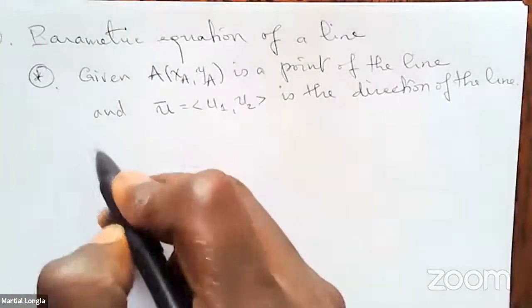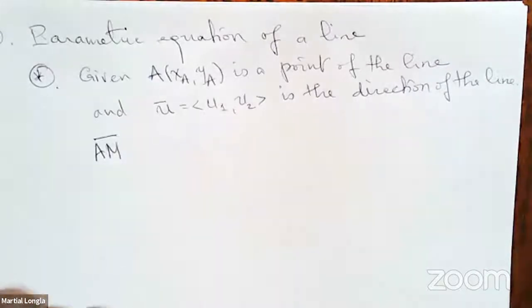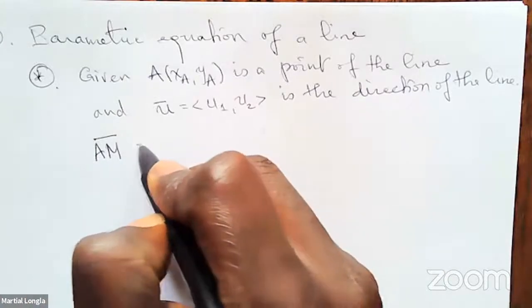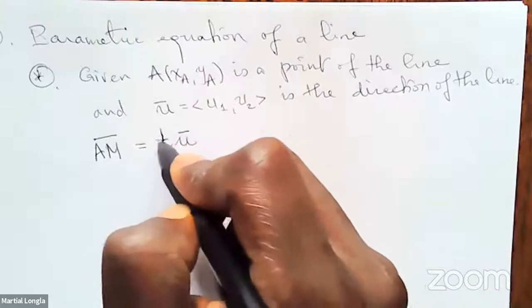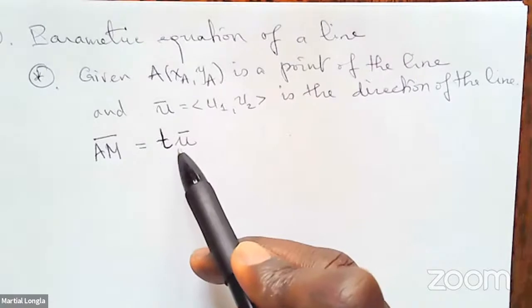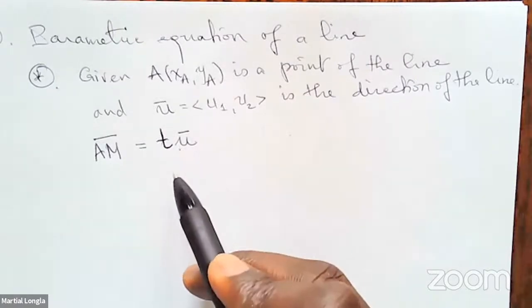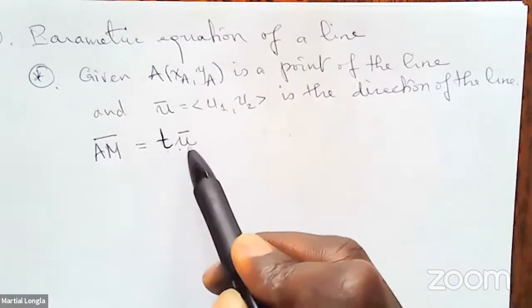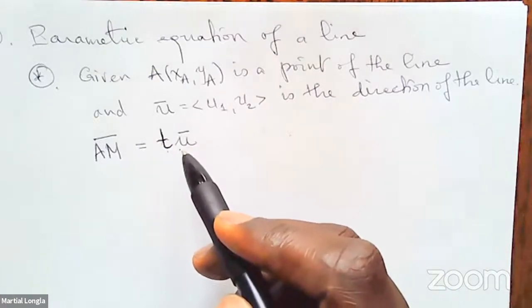And then we will find the equation of that line by writing that the vector AM is t times U, because saying that the vector U is the direction of that line means that any vector that is on that line is a multiple of the vector U. That is what makes U the direction of the line.